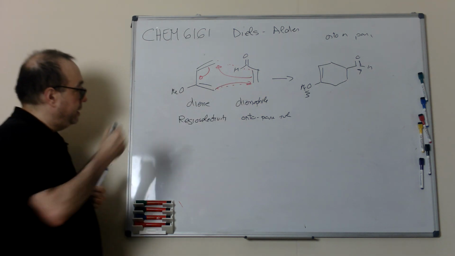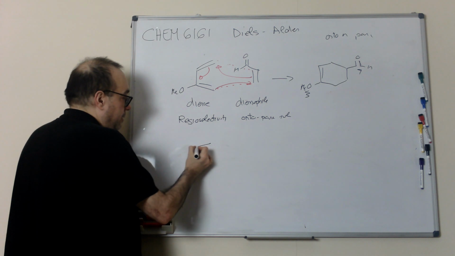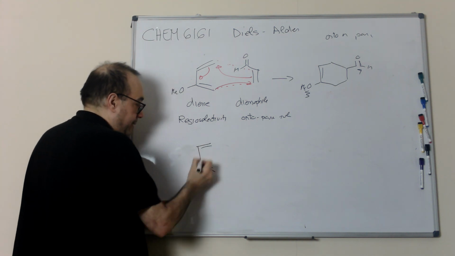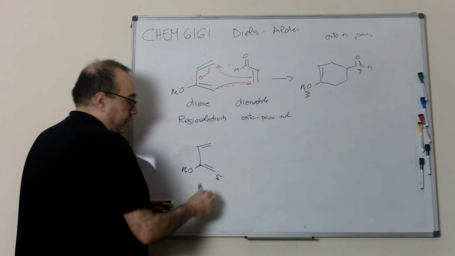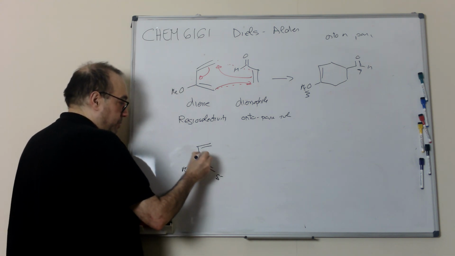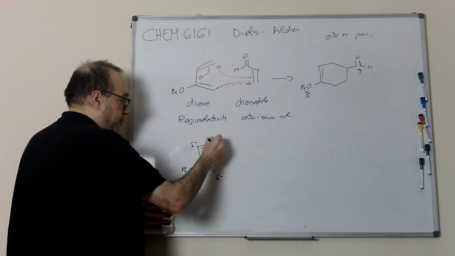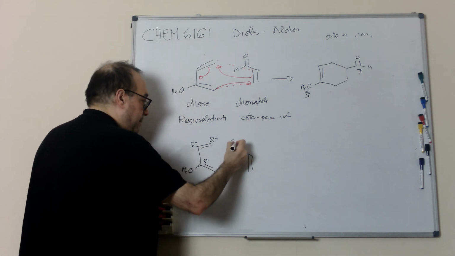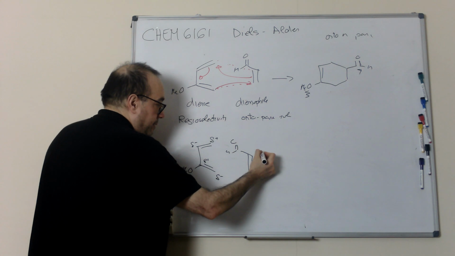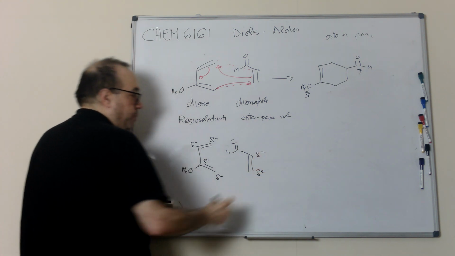That means if we analyze the charge density in each carbon, this will be negative, this will be positive, this will be negative, this will be positive. And in the aldehyde, this will be negative, this will be positive.